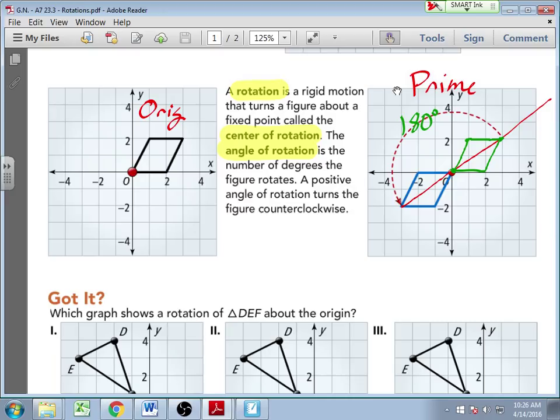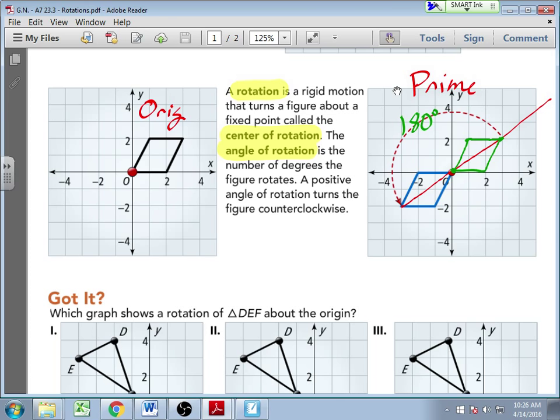This is where math gets screwy versus the real world. A positive rotation is counterclockwise. Say it with me. A positive rotation is counterclockwise. Trust me, on your homework, that's going to be very important. If they tell you to rotate 90 degrees, they're assuming you're going the positive direction, which is counterclockwise. Don't ask me why. The big thing is our quadrant names.